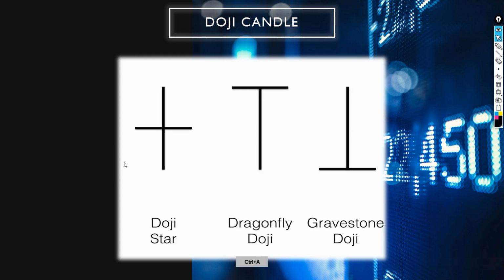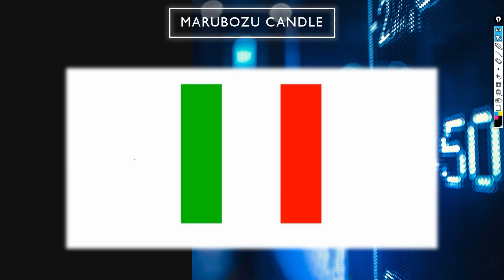Next, moving on, we have the Marubozu candle. If you have paid attention to what I said previously, you would have easily understood how exactly it differs. Can you see any wicks? No, we cannot. Even if it is bullish or bearish, you won't see any wicks. You can have very, very little or none.